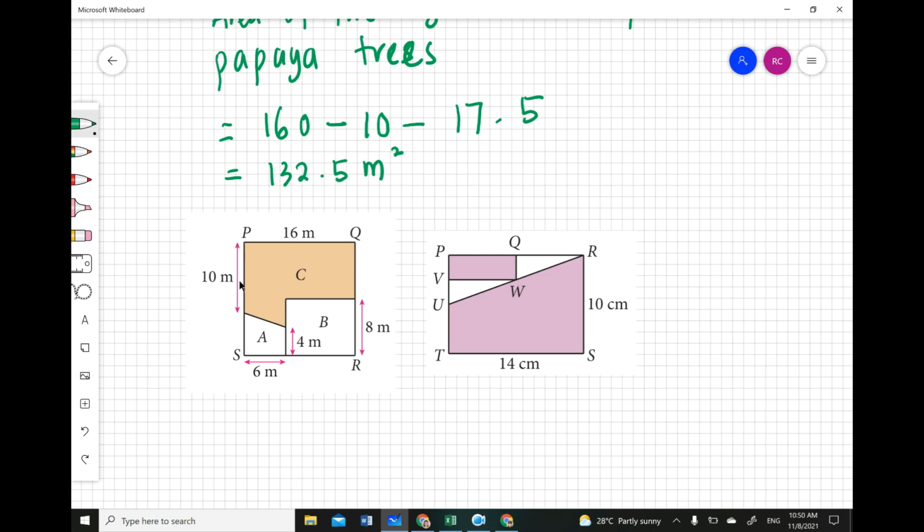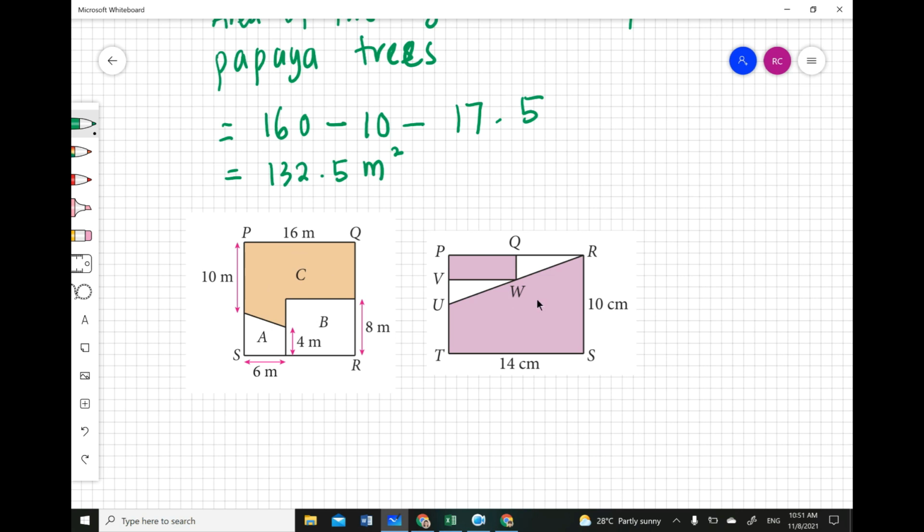It will be the whole diagram minus what, class? Minus area A and minus area B. Okay, area A you can see is a trapezium. Area B is a rectangle. Then we can get the shaded region already.